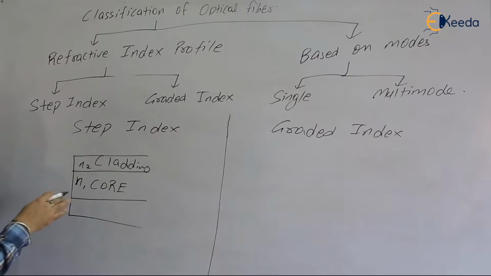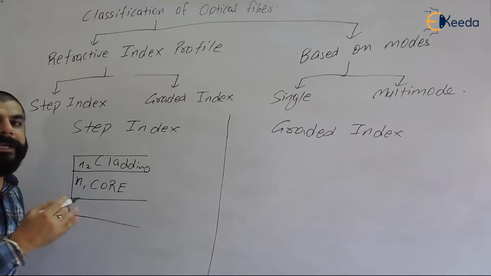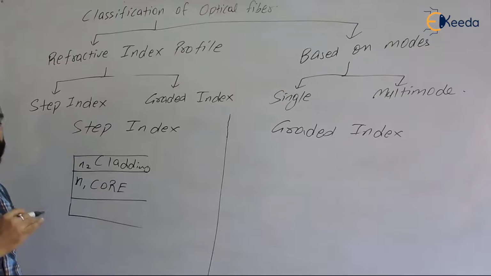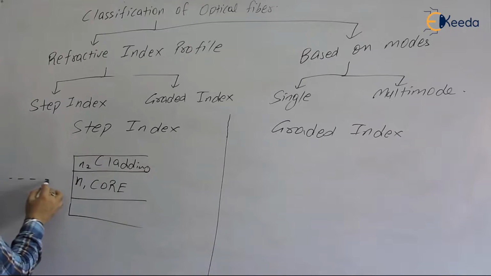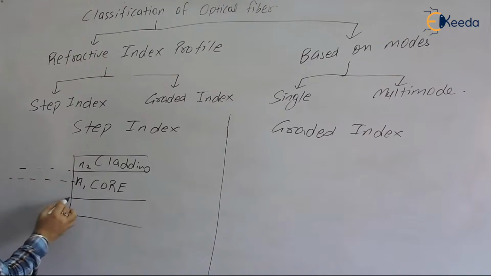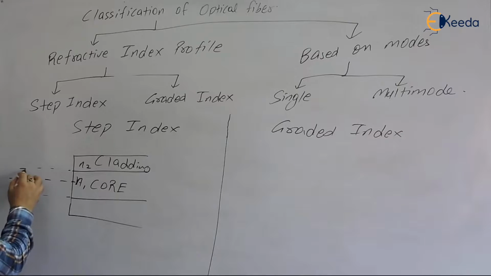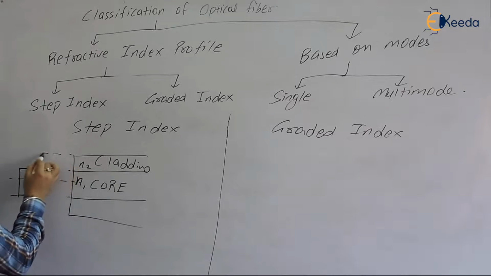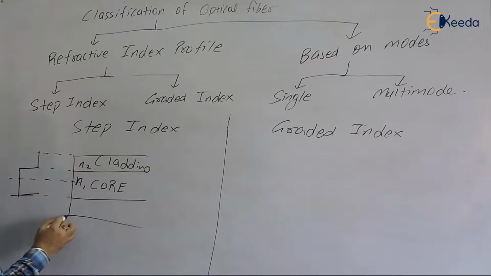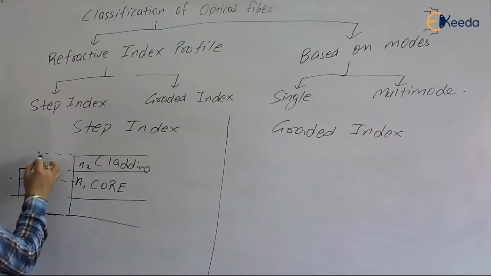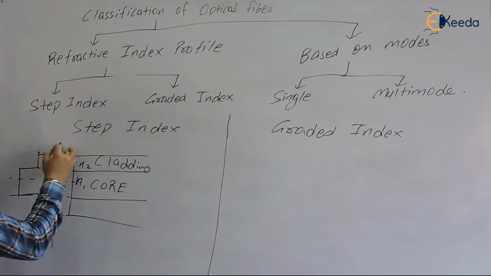If you see the refractive index profile, it takes a step change at the core cladding interface. If you draw the refractive index graph, this is the axis of the optical fiber, this is the diameter of core, and this is the radial distance.